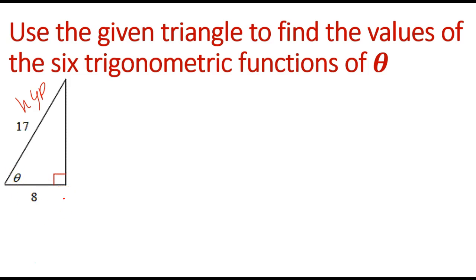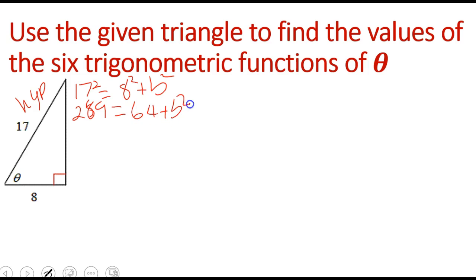We don't know the missing side, so let's find it first, because we need all 3 sides to write our 6 trig ratios. We'll use the Pythagorean theorem: hypotenuse squared is equal to leg 1 squared plus leg 2 squared. Let's label the missing leg b. So 17 squared is 289 equals 8 squared, which is 64, plus b squared.